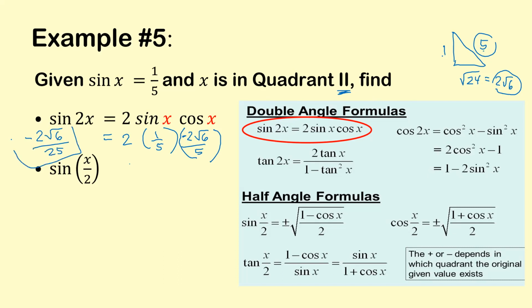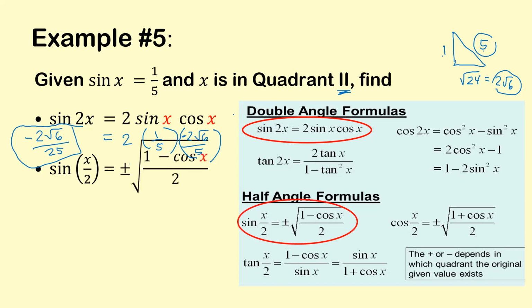Ito yung sine 2x. Now for our sine of x over 2. Gamitin natin itong half angle formula natin. So ito yun. Okay? Yung cosine x natin is negative 2 square root of 6 over 5.